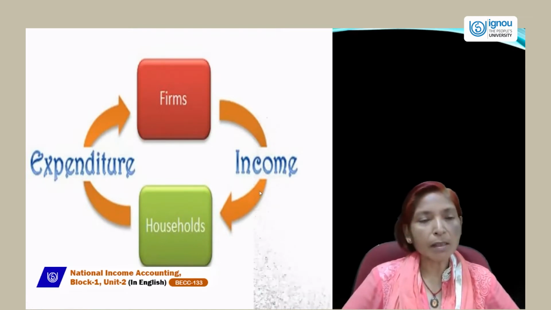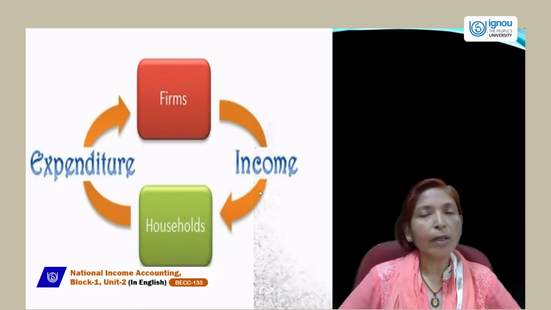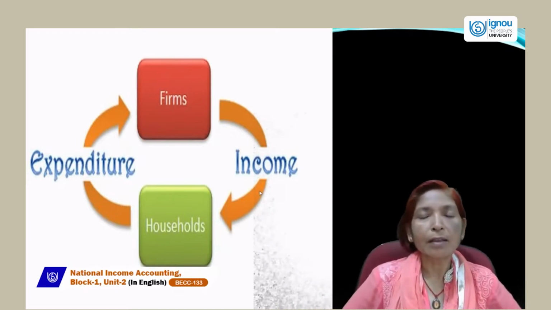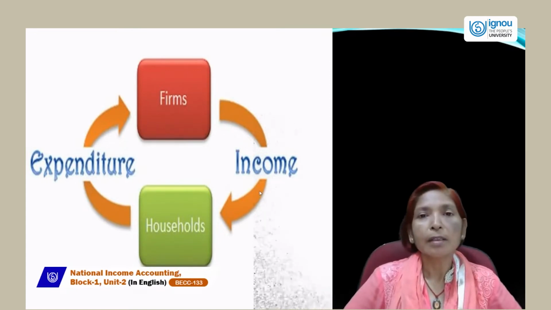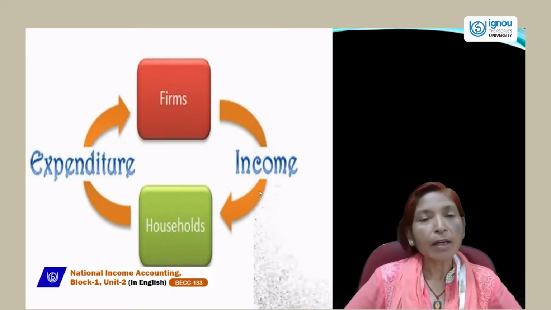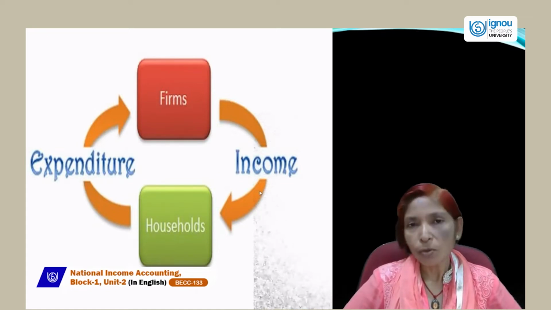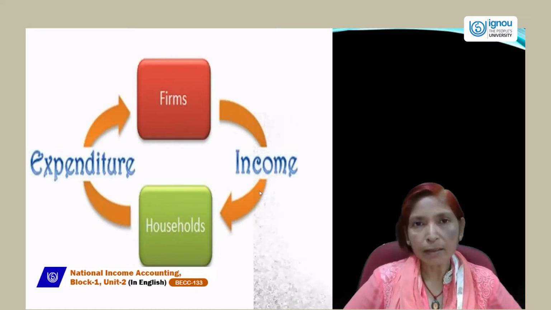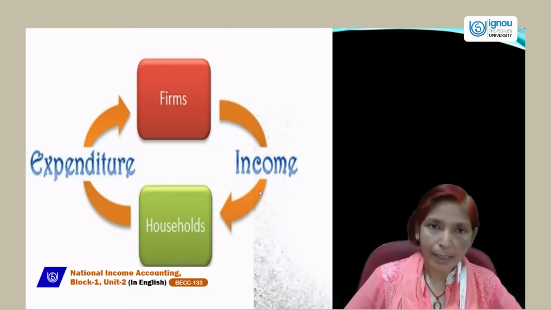But this is the very simple circular flow of income because we have assumed that only two sectors exist in the economy. But at present, in the real world, there are four sectors in the economy. And what are these four sectors? These four sectors are the household sector, firm sector, government sector, and rest of the world sector.